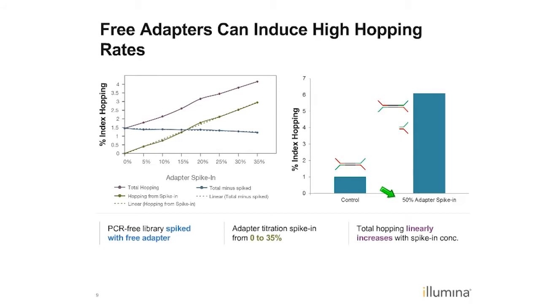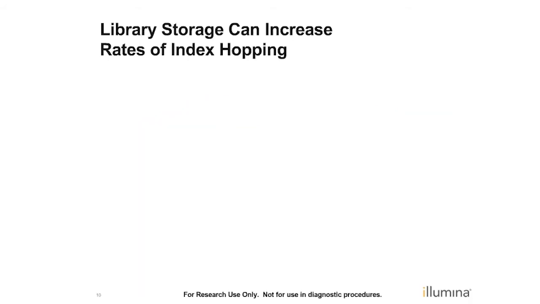And in fact, in most all of the cases that we've seen in the field that reported levels up in the 5% or greater, it has almost always been due to very, very high levels of adapters that are free in the prep.